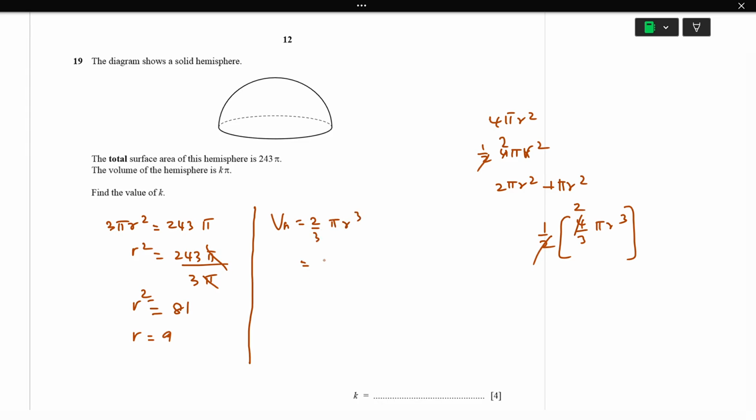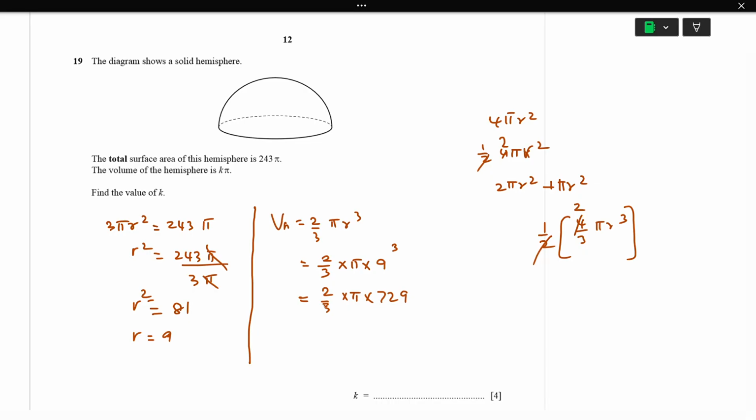So 2 by 3 into pi into r cube, which is 9 cube, 729. So 2 by 3 times 729.